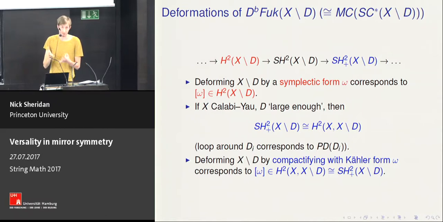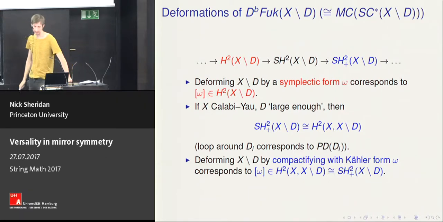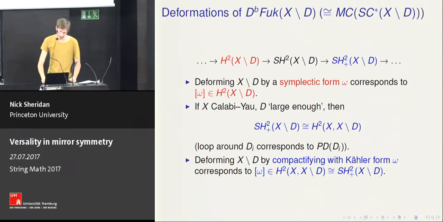And then if we deform X minus D by compactifying with a Kähler form omega, that corresponds to a class, which is the cohomology class of this omega, in H^2 of X relative X minus D. So we see these two ways of deforming X minus D.